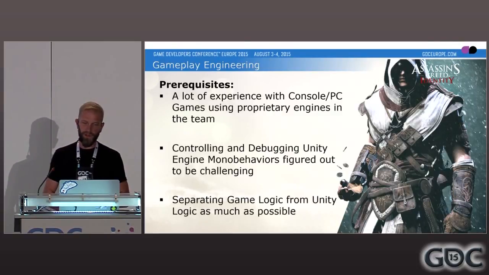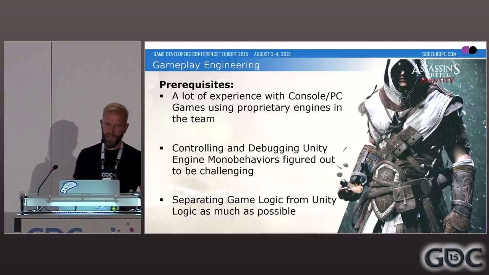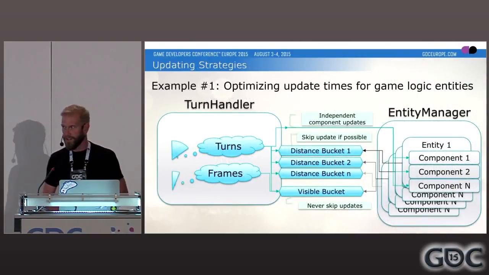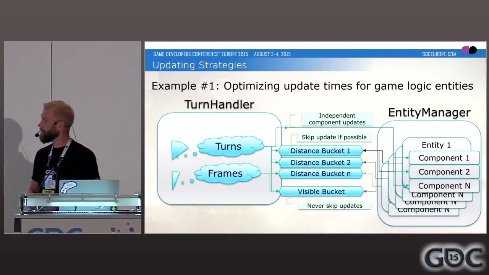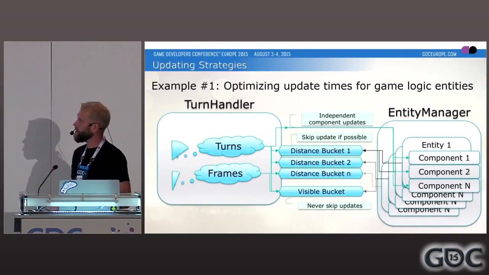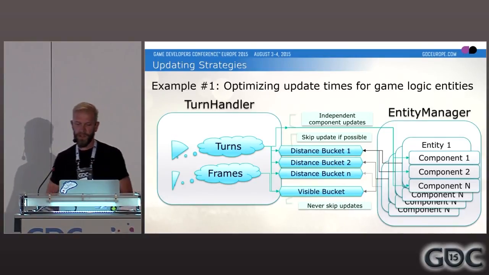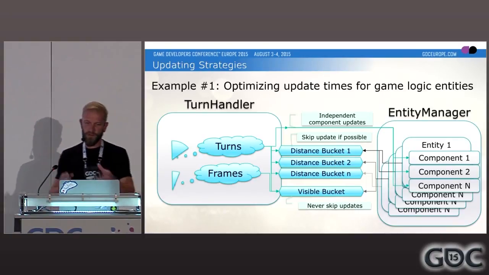And this is also why we decided to separate the game logic from the Unity logic as much as possible. What this means in the end, with this a bit confusing chart here, is that we rebuilt the whole entity component model as well, which is more or less exactly as it is in Unity, but more customized to our needs. And it's also much easier to tweak to what we need.